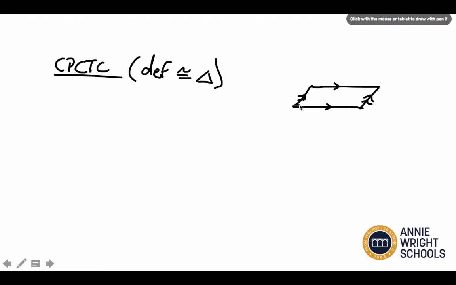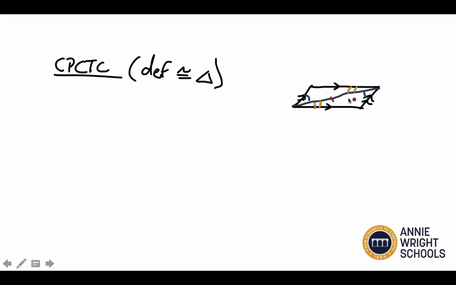But if I introduce this diagonal segment, because I know the opposite sides are parallel, I get alternate interior angles there, I get alternate interior angles here, and then I get this shared side. And so I can actually prove that these two triangles are congruent, which isn't that important, but then the corresponding parts that I don't know are congruent, I can say are congruent.